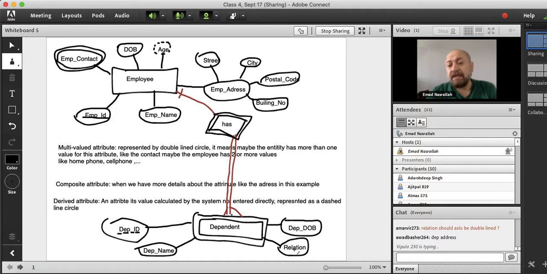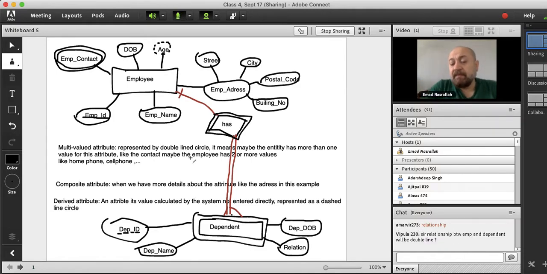This is the meaning of relation. Amarvir, related to your question, the relation here is how the dependent is related. So of course it's not double-lined. It has a single value, not multi-valued.